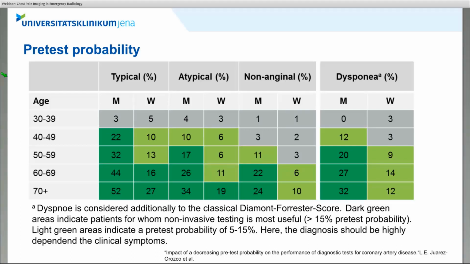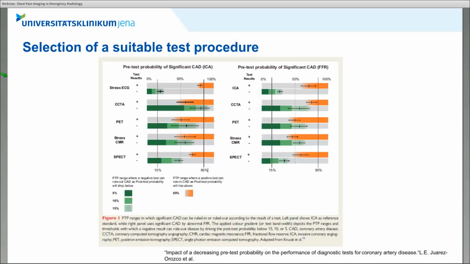So that means you can rule in every patient you're seeing in the emergency department or in the cardiology department where they have already ruled out the acute coronary syndrome. So nearly every patient is now recommended to get a non-invasive CT, and the best test you can do, compared to most others, is actually CT angiography, according to pretest probabilities, to rule in as well as to rule out a disease.